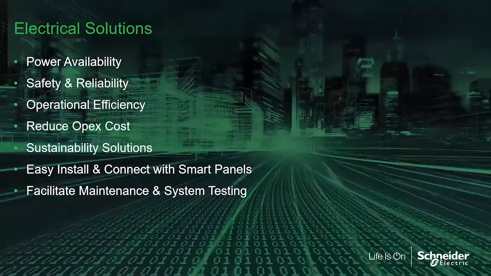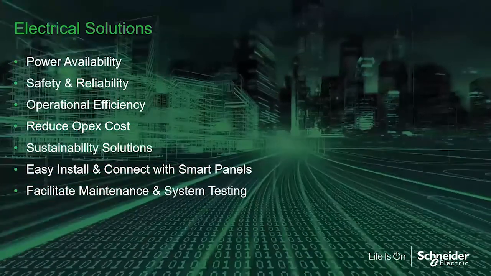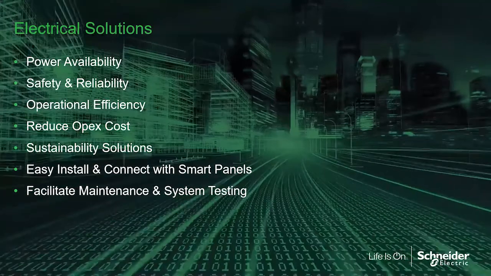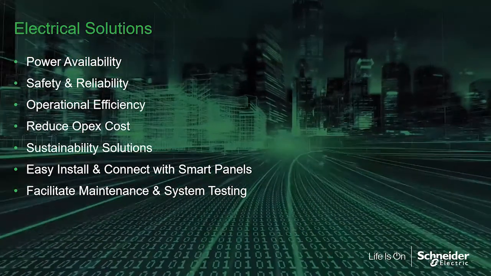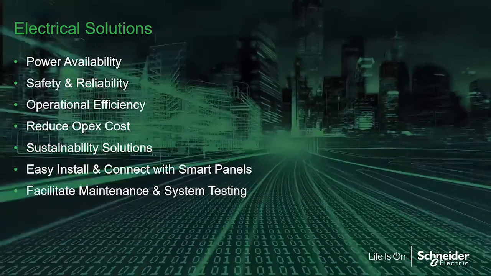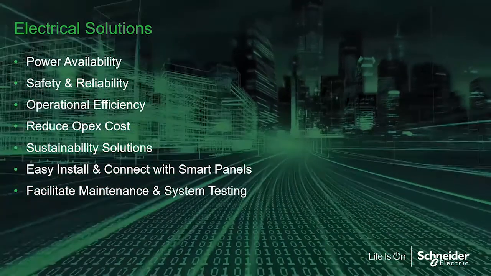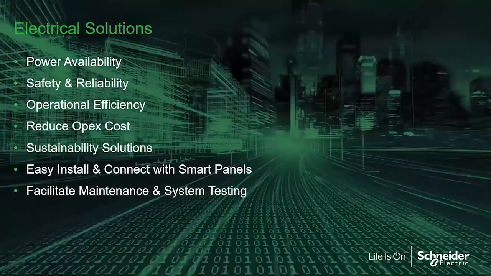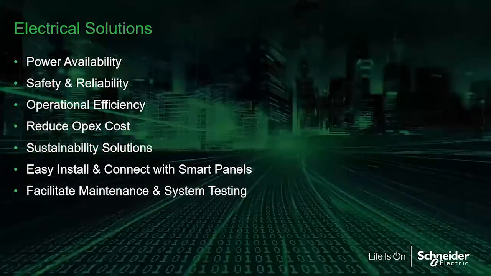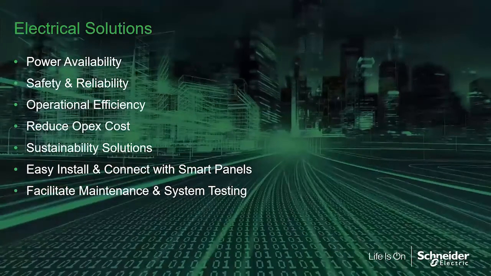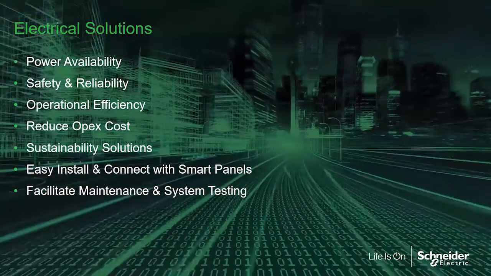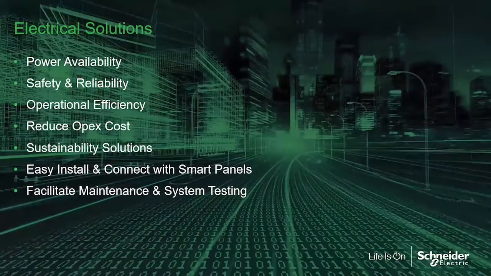So our electrical solutions for this, first off and most importantly, power availability, making sure everything is running smoothly and has constant supply. Safety and reliability are of course key issues. Given the high power nature of the equipment, we want to ensure that these can be safely operated on when need be, but also that they're safe for all occupants.